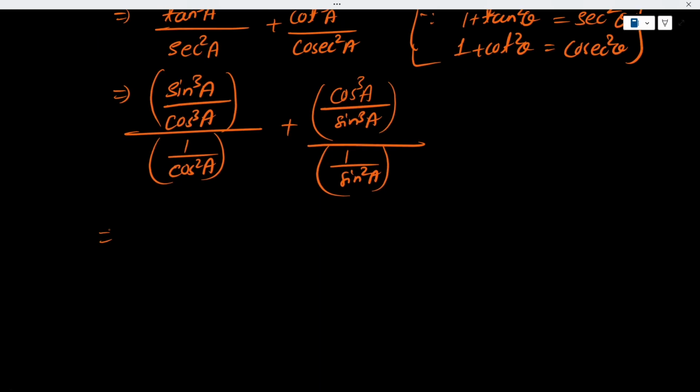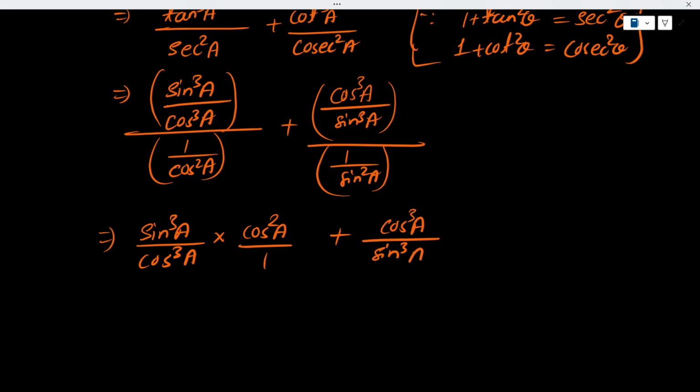Now because it's dividing fractions, I can take the reciprocal: sine cube A by cos cube A times cos square A by 1, plus cos cube A by sine cube A times sine square A by 1.